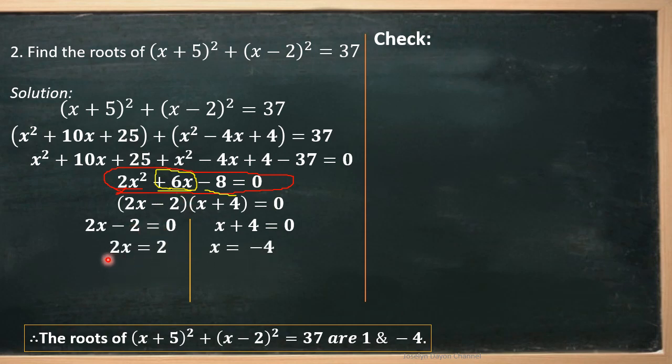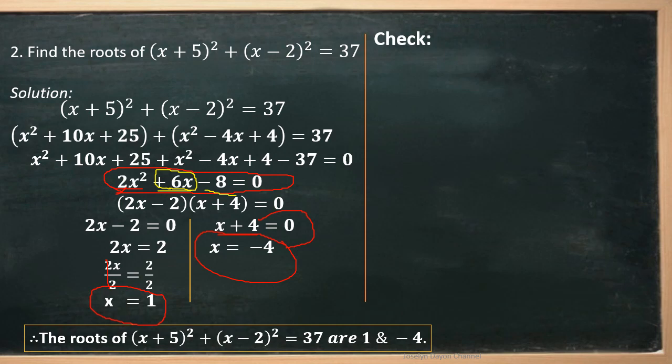And to solve for x, divide both sides by 2. So 2x divided by 2, that's only x, and 2 divided by 2, the answer is 1. So we have now the first value of x. And for the second value of x, we have here x + 4. 4 will be transposed to the right side and it becomes negative 4. So the second value of x is negative 4.